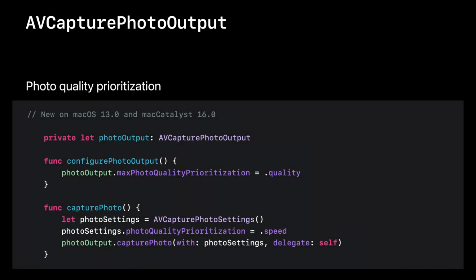In addition to capturing high-res photos, Continuity Camera supports controlling how photo quality should be prioritized against speed by first setting the maximum photo quality prioritization on the photo output object. Then, choosing the prioritization for each capture by setting the photo quality prioritization property on the AV Capture photo settings object.